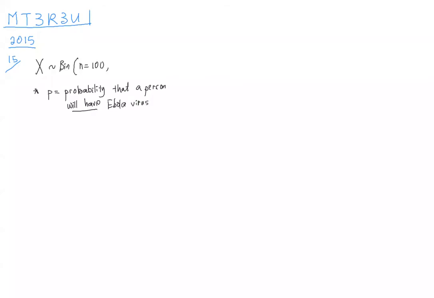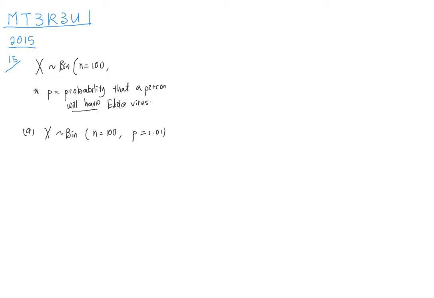This happened in Africa, Ebola virus. Okay, so for part A, X is a binomial distribution. The N is equal to 100, and the probability that a person will get the Ebola virus is 0.01.